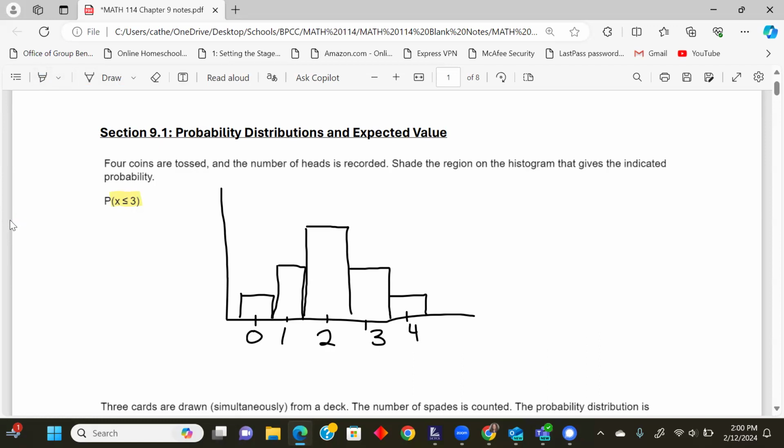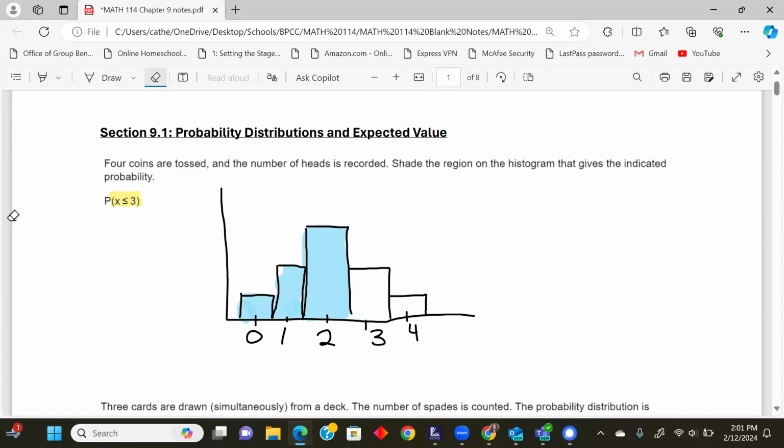The line underneath the inequality sign means it's equal to. Probability that X, the number of heads, is less than or equal to 3. It's going to be this.